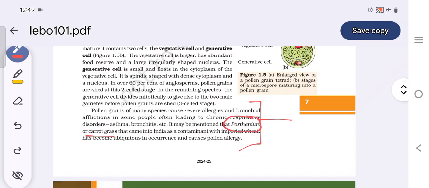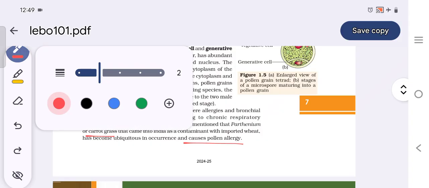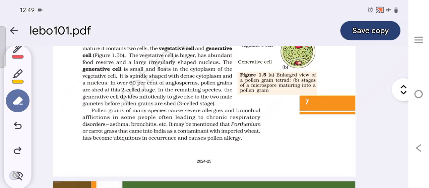It is important. It came through wheat, and it is one of the reasons that causes allergy.